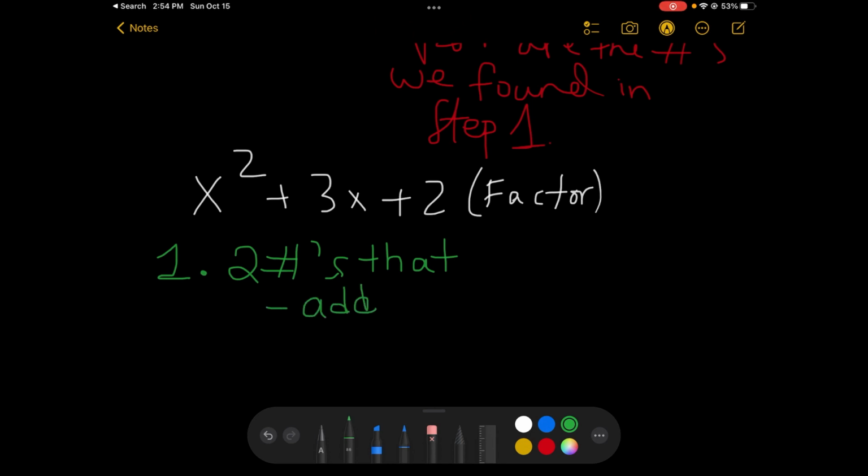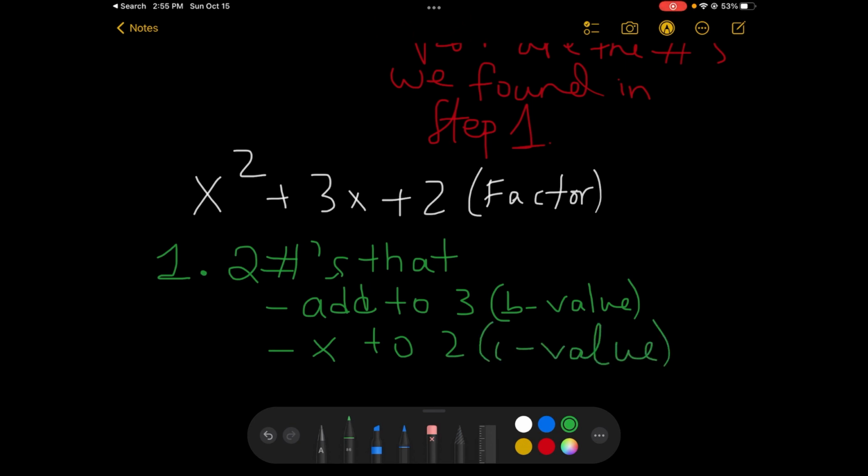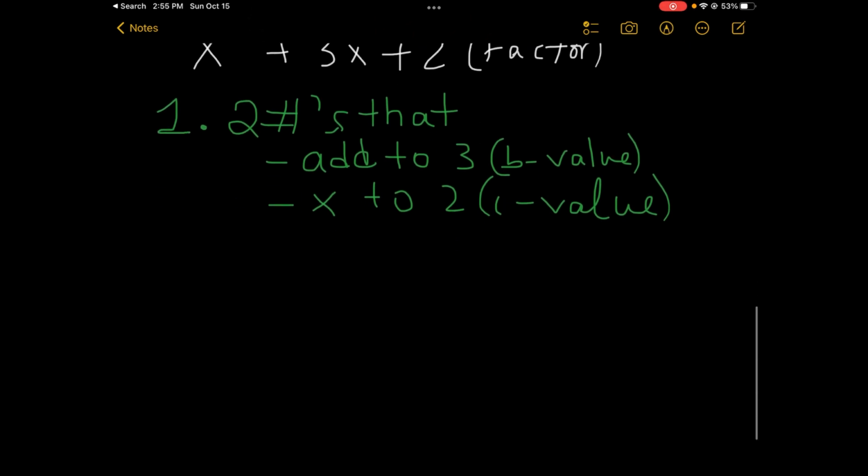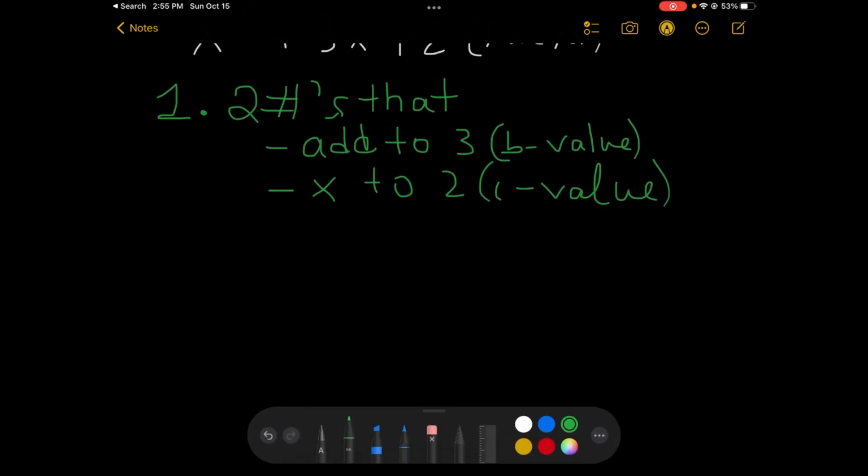Add to 3 in this case, which is our b value, right? And we want them to multiply to 2, our c value. So what are those two numbers? Well, those two numbers are 2 and 1.